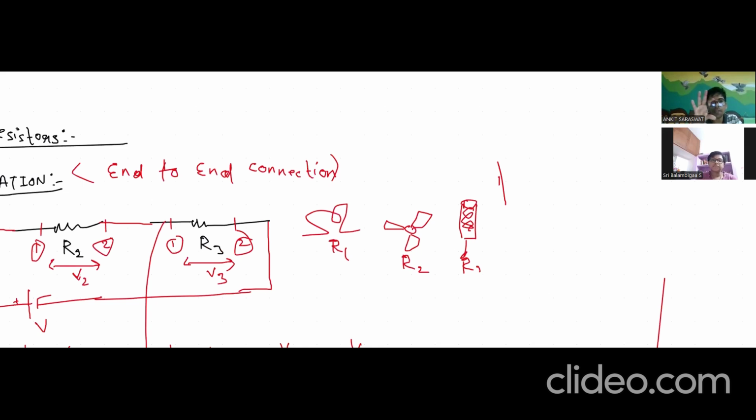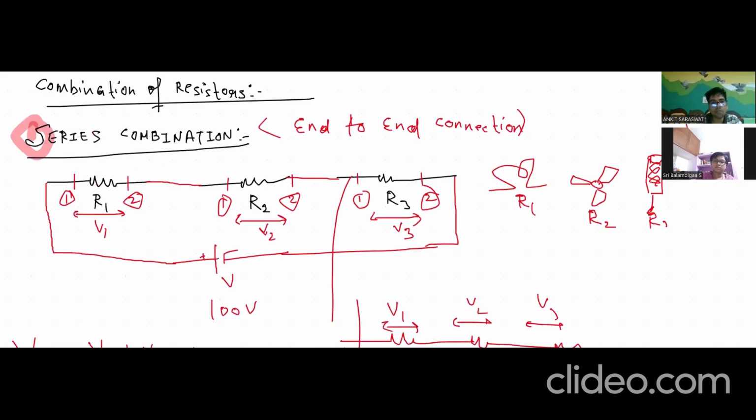If by mistake the fan, R2, gets damaged, will R1 and R3 work? No, they won't, because the circuit breaks. That is why there is a big disadvantage. If any of the appliances stops working, then all the other appliances do not work. This is the disadvantage of series combination.